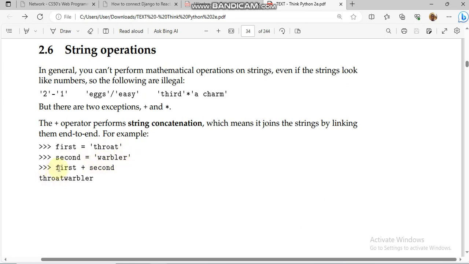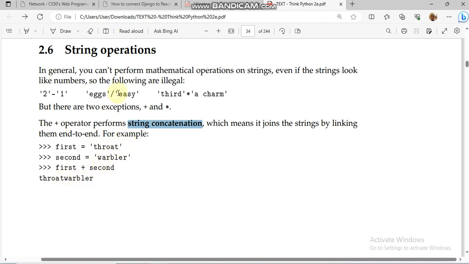Then first plus second performs string concatenation. This will give 'truthWebler' all together without any space in between, because I haven't indicated any space.